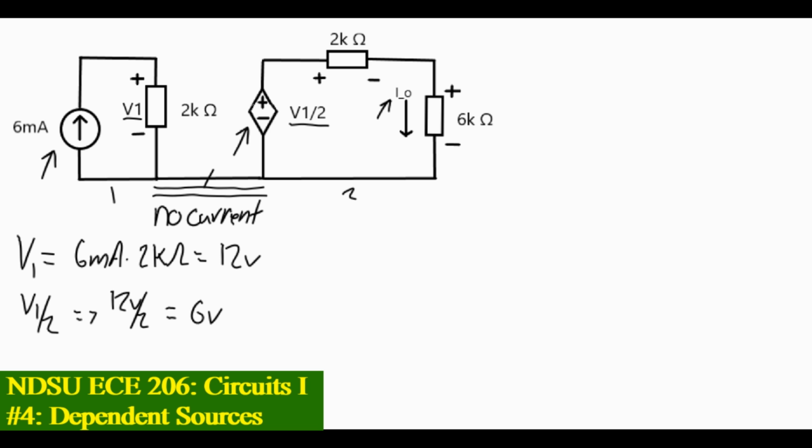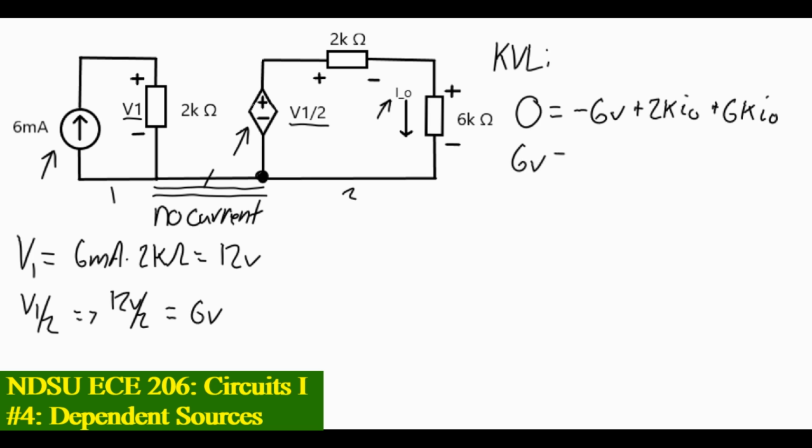Okay, so we know the voltage of that dependent source. Solving for I.O. is rather easy. All we have to do is KVL. Let's do that. 0 is going to be equal to, let's start at this node right here. The first thing we're going to meet is a negative on that dependent voltage source, so negative 6 volts plus 2K ohms multiplied by I.O. plus 6K ohms multiplied by I.O. as well.